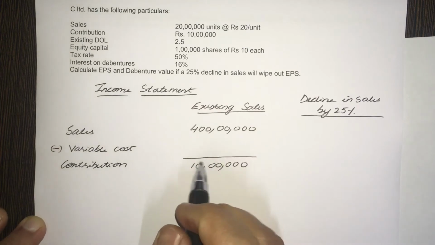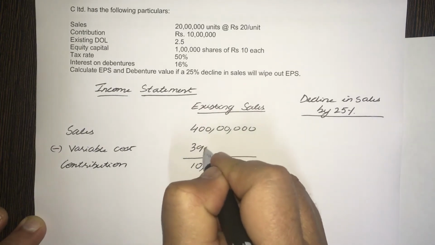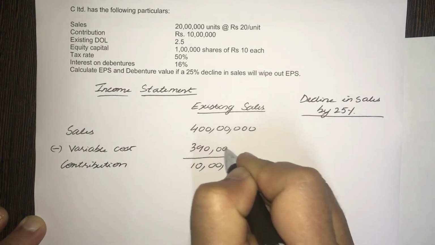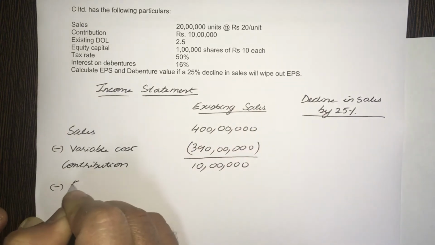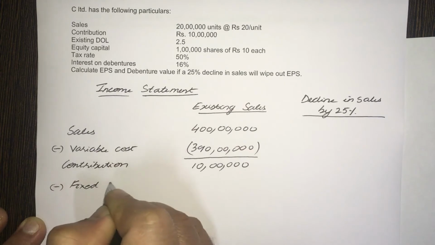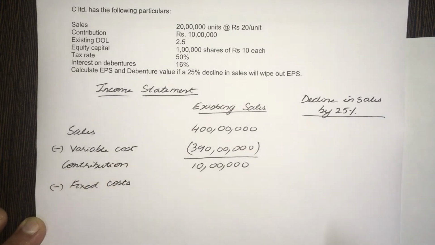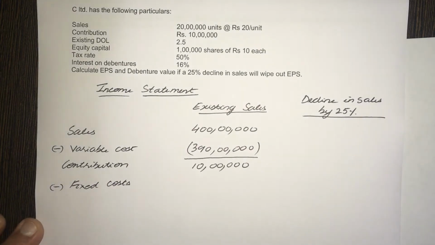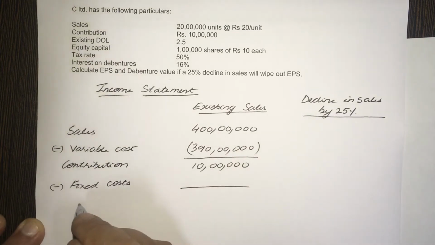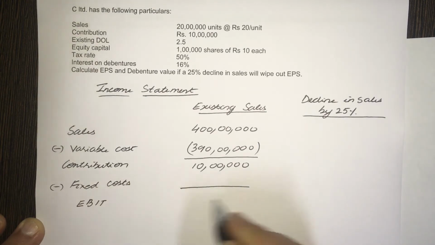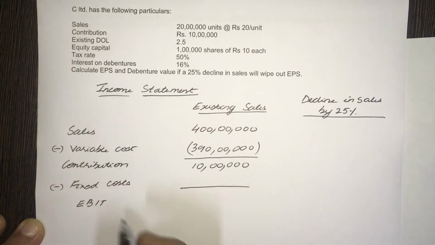Therefore, variable cost will be 3 crores 90 lakhs, minus fixed cost. What is fixed cost? We are yet to find out. Then contribution minus fixed cost is earnings before interest and tax, which we have to find out.